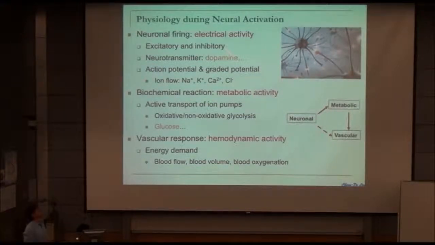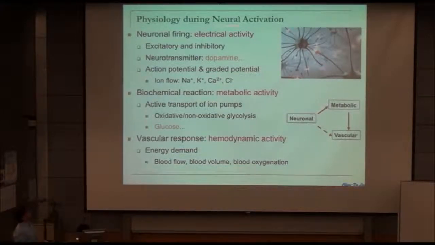So we know that, for example, when I'm talking to you, there is some neural activity in my language area. When we have some detections here, then you can know my neural activity. That's a kind of electrical activity.